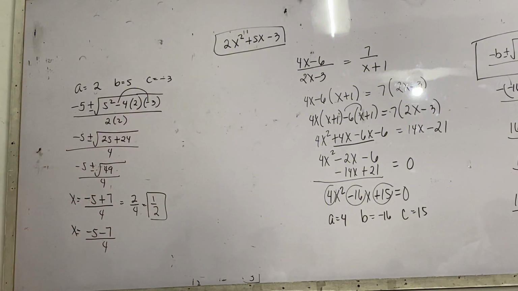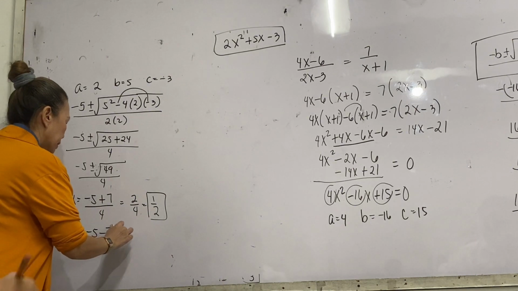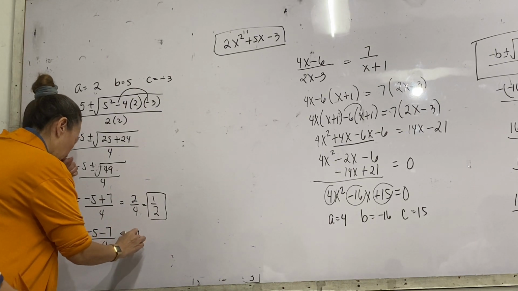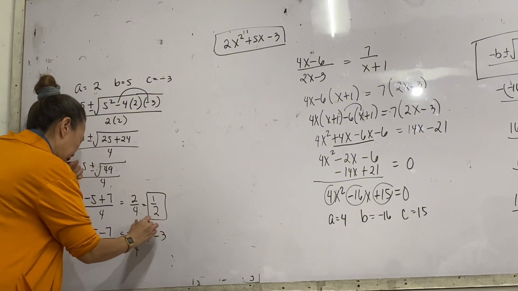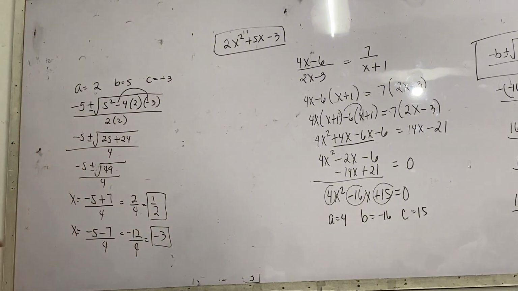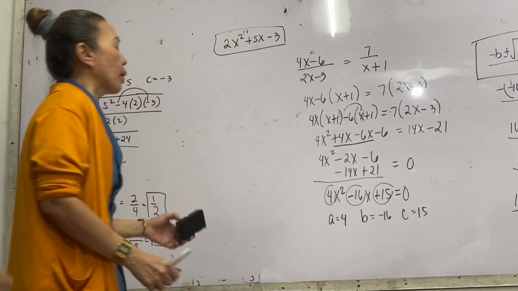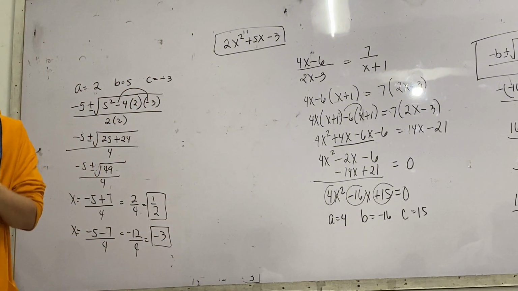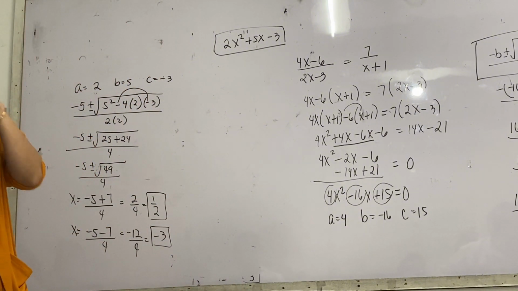What is negative 5 minus 7? Negative 12 over 4, negative 3. Who got this answer? Okay. Next. So, iyan lang po, ginagawa lang natin if ever na ang makuha natin ay quadratic.